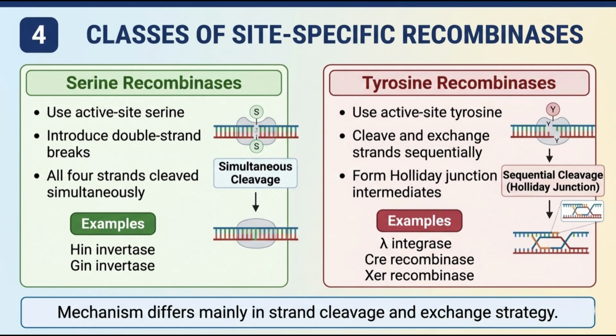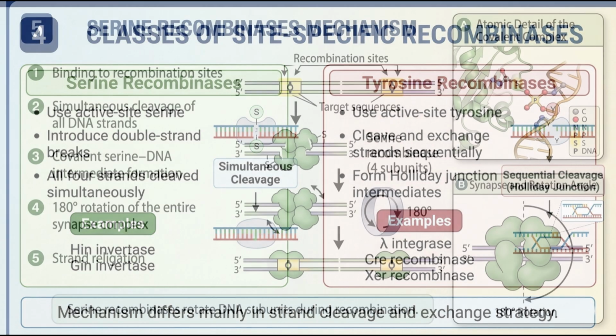Tyrosine recombinases use an active site tyrosine residue. They cleave and exchange DNA strands sequentially. Both enzyme classes cut DNA, exchange strands, and religate DNA. However, their strand exchange mechanisms are fundamentally different.